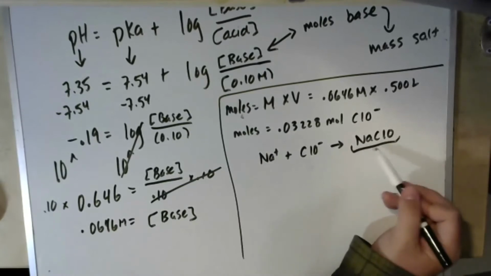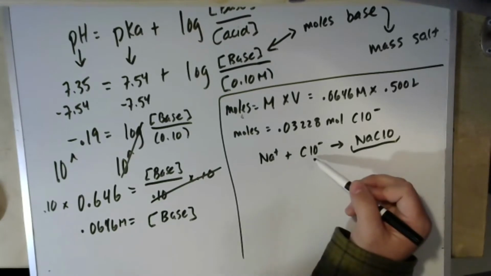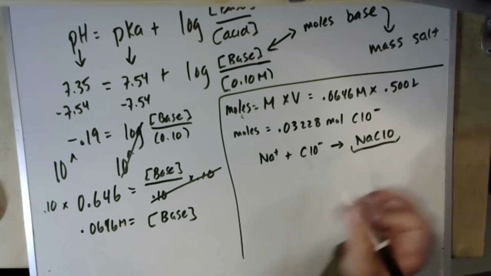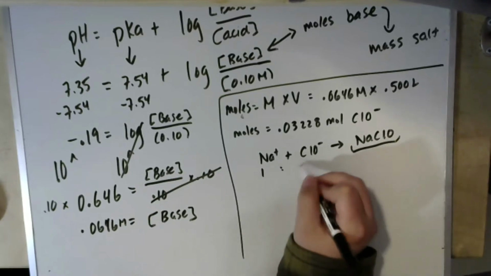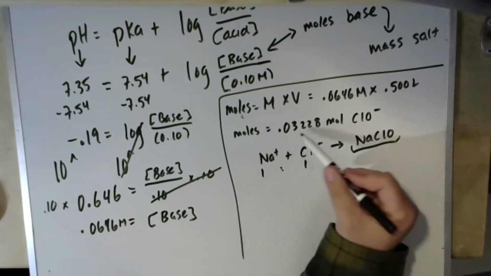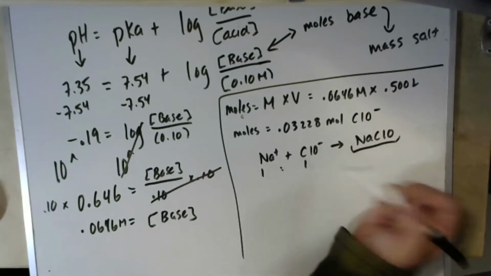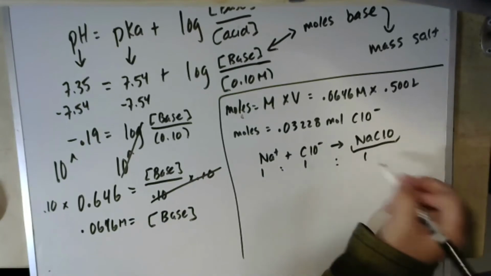And when you put this into solution, it's going to break up into sodium ions, which we don't care about because they're neutral, and then the ClO minus ions, which we do care about because that's the conjugate base for the hypochlorous acid. But we see that this is a 1-to-1 ratio between the sodium and the hypochlorite ion. So if we know the moles of the ClO minus, we know the moles of the sodium. We also know the moles of the sodium hypochlorite.